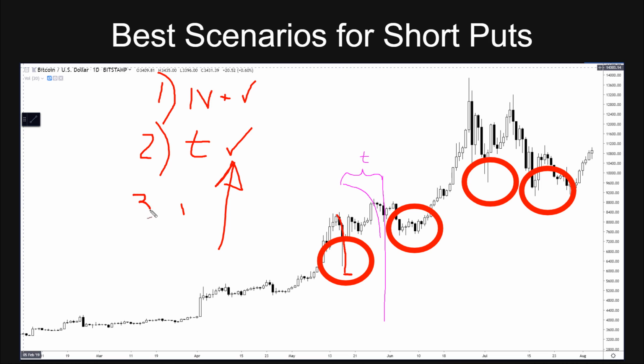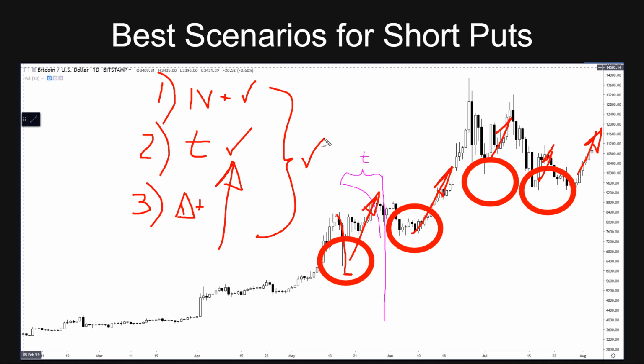And then lastly, we have the delta. The delta in this case is positive, so we want the price to be moving higher. So anytime we can get a pullback which reverts to the main trend, we've got all three of these working for us on the trade.